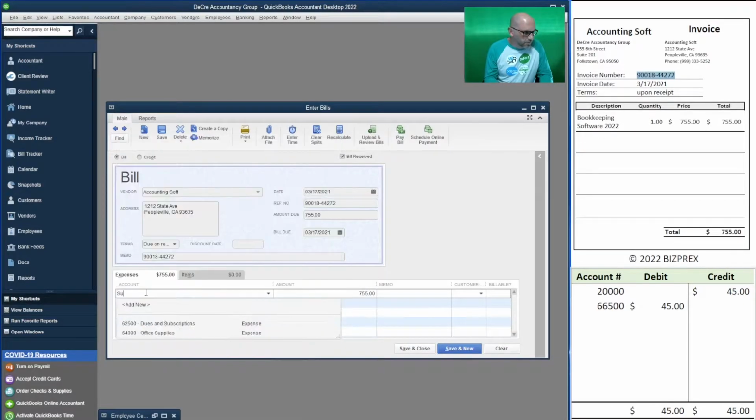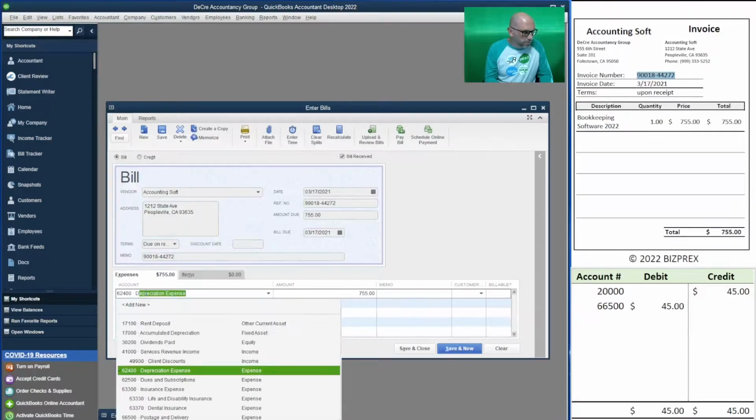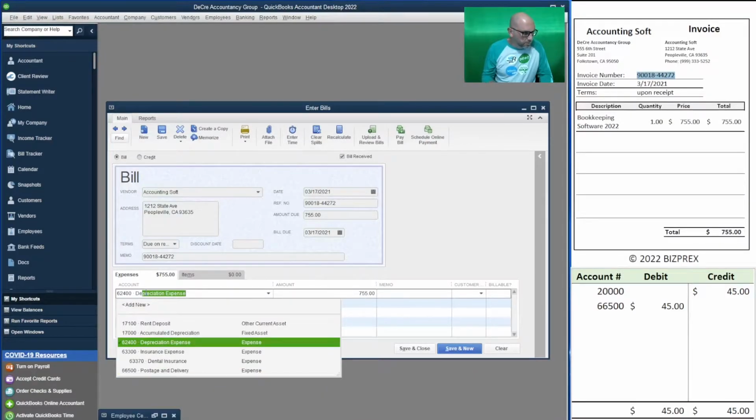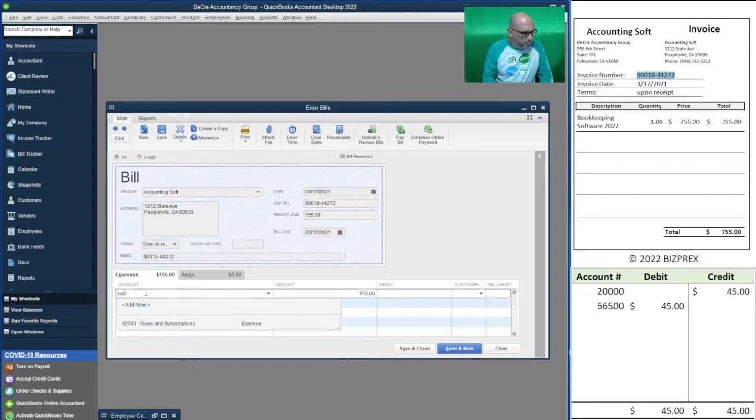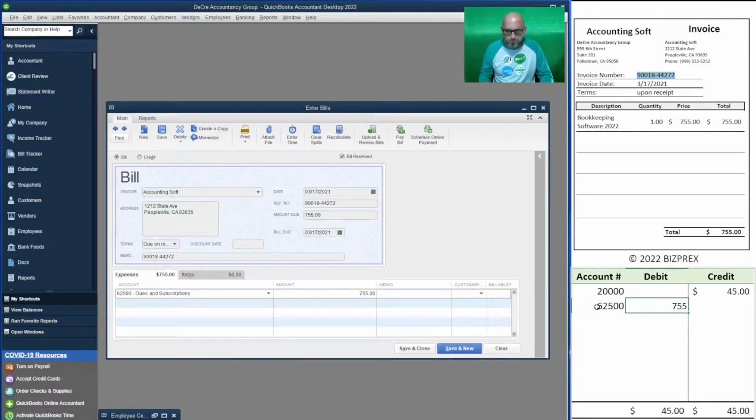Oh, there it is. Since most software nowadays is a licensing deal on a timely basis, it's all using subscriptions. We subscribe, but again, what's important here are the debits and credits behind it.